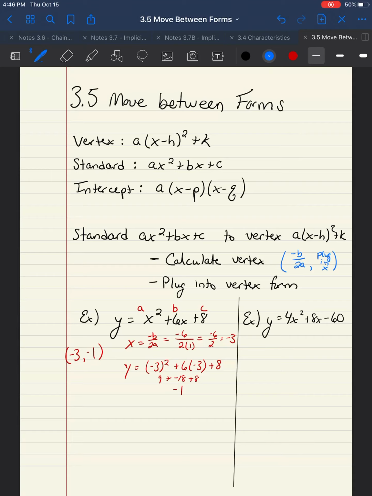All right, now that I know what my vertex is, here's where you have to know the formulas to make this make sense. Vertex form says y equals a times x minus h squared plus k.